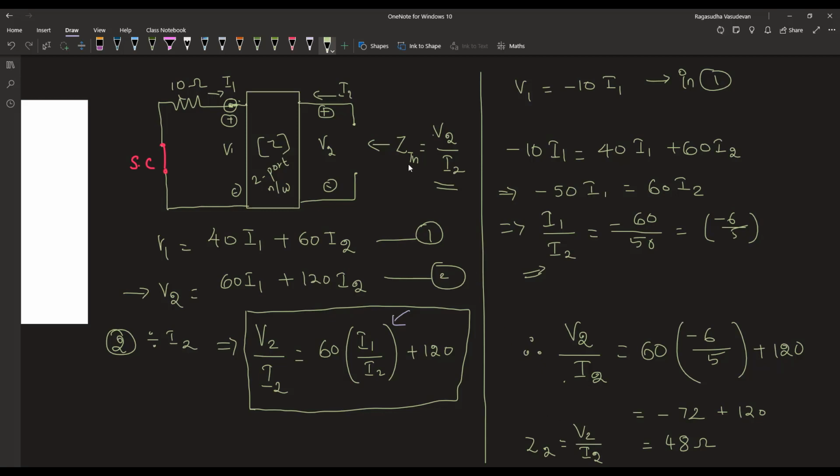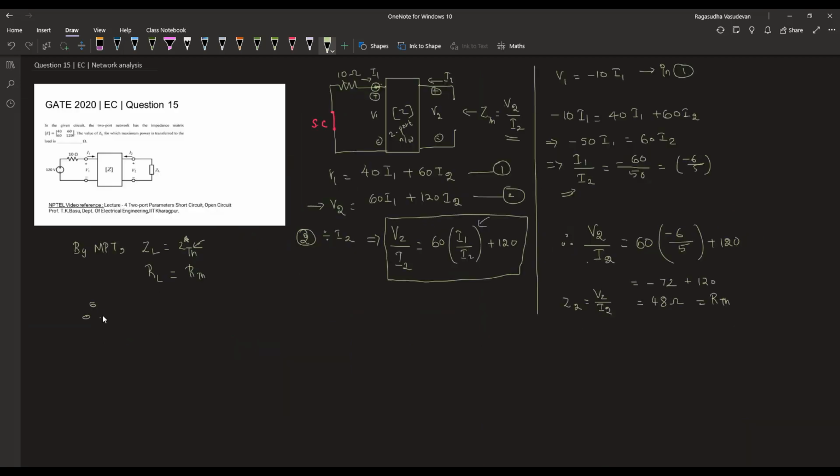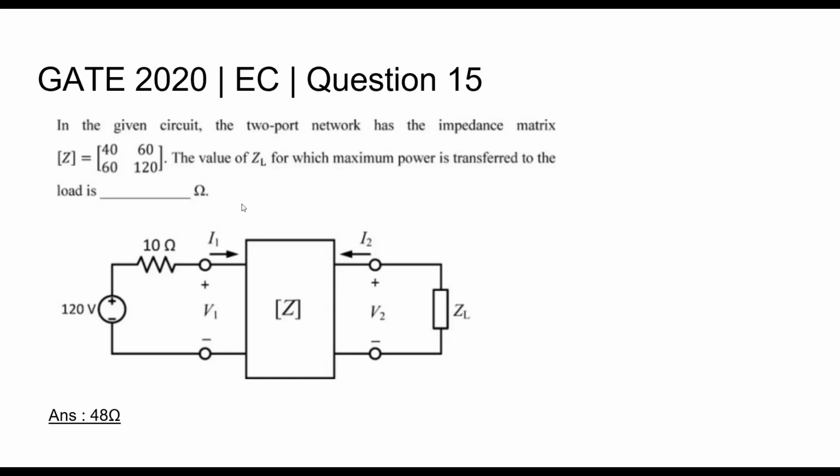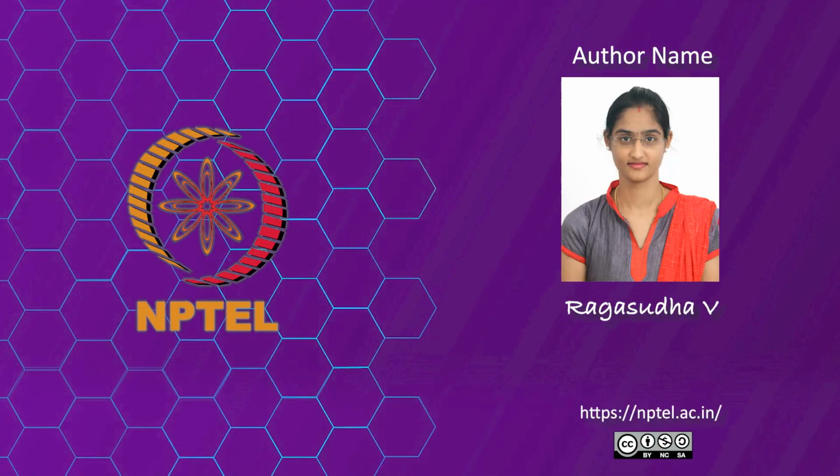Hence, when the load impedance is equal to the Thevenin equivalent impedance of the source, we will get maximum power transferred to the load. Therefore, when RL is 48 ohm, maximum power will be transferred to it. Hence, the answer is 48 ohm for maximum power transfer.